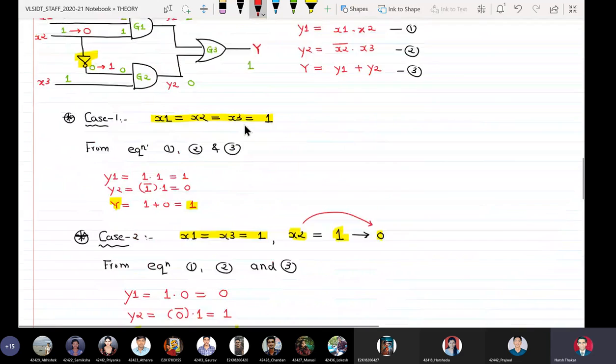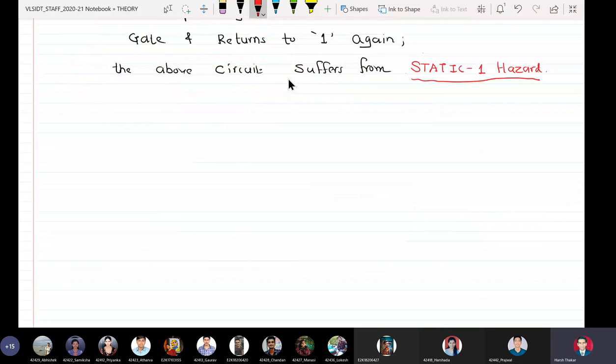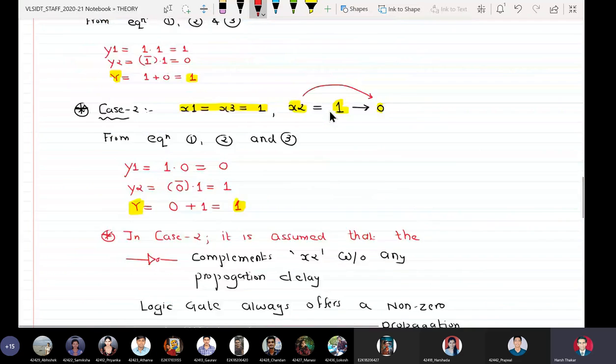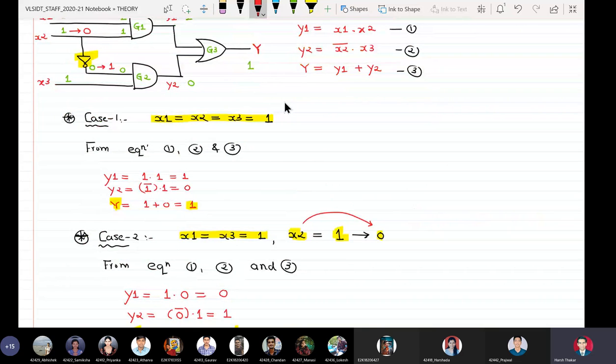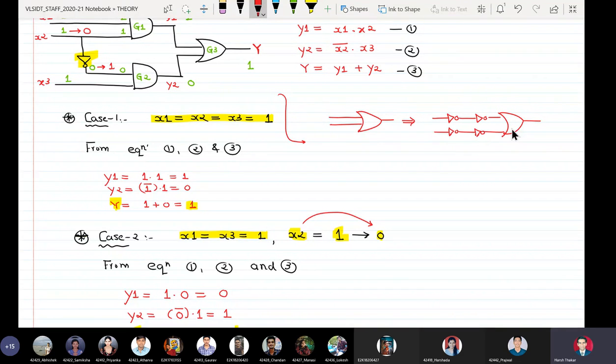Now I can convert this circuit. We also know from second year that this is the same as NOT, and that this is the same as a NAND gate.